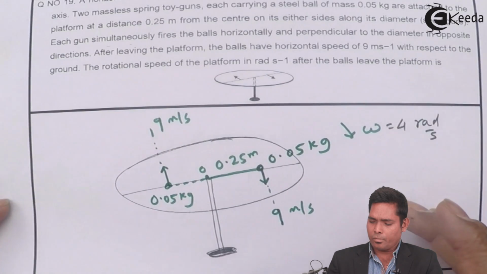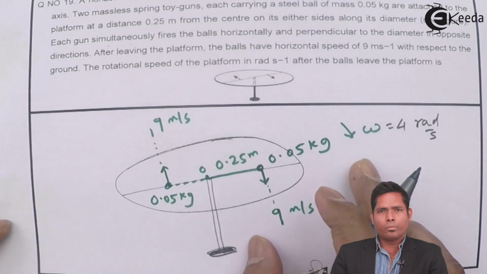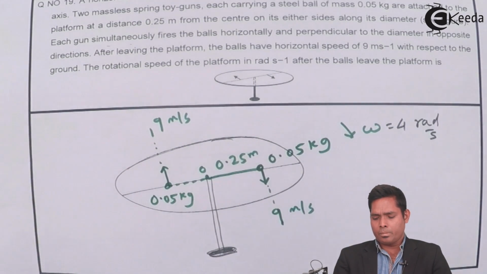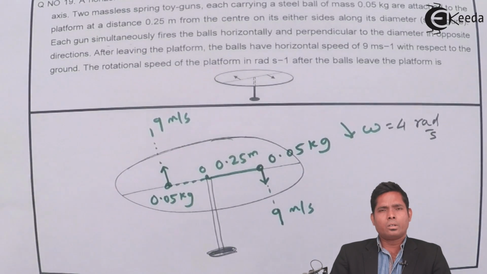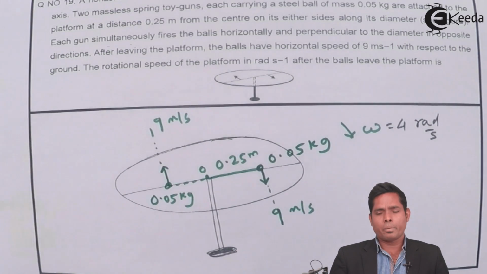So this is a very simple question based on conservation of angular momentum. We write the equation for conservation of angular momentum, and by balancing that, we get the value of omega.